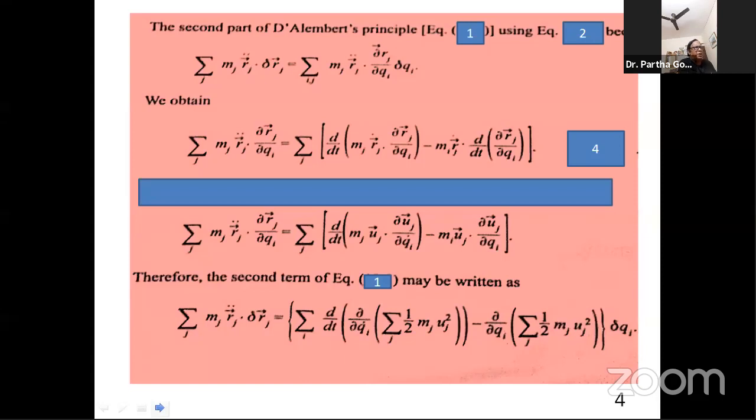This is all mathematical manipulation. If one does it nicely, sitting down coolly, one will easily get it.